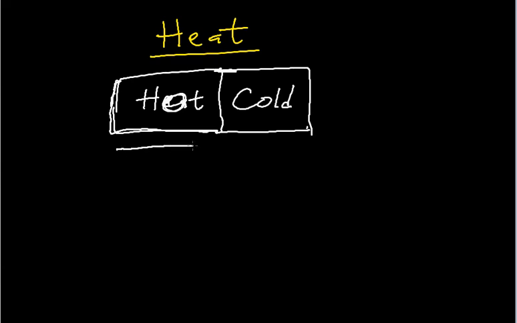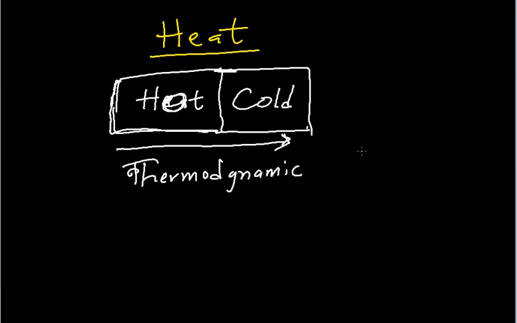Heat will always be transferred from the hot object to the cold object, and such transfer will continue until a state known as thermodynamic equilibrium is attained. Let me write that down. So the transfer of heat from hot objects to cold objects continues until thermodynamic equilibrium is attained.